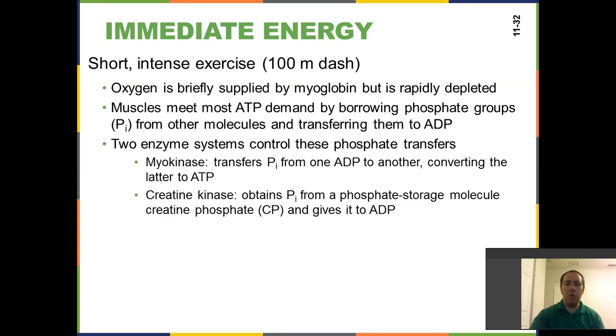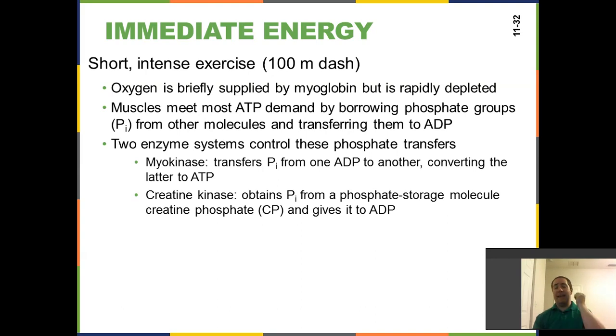We have 2 ways of doing this: myokinase and creatine kinase. Myokinase says, well, I have plenty of ADP floating around, right? Why don't I just take one of the phosphates off one ADP and stick it onto one of the other ADPs?